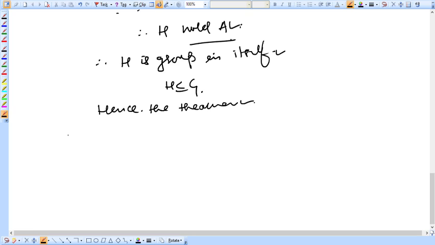So let me pick one example for you. It says: let G be an abelian group.